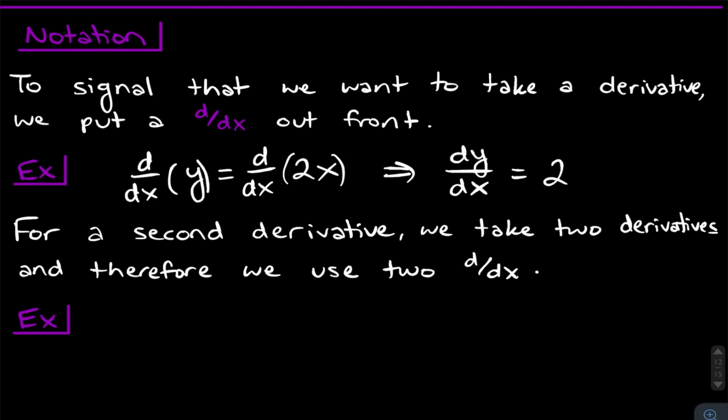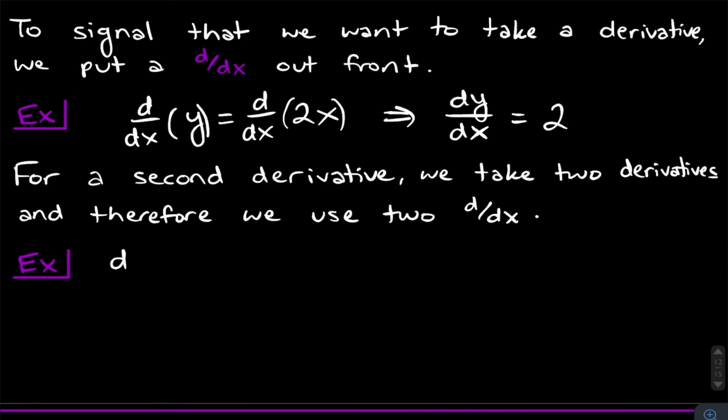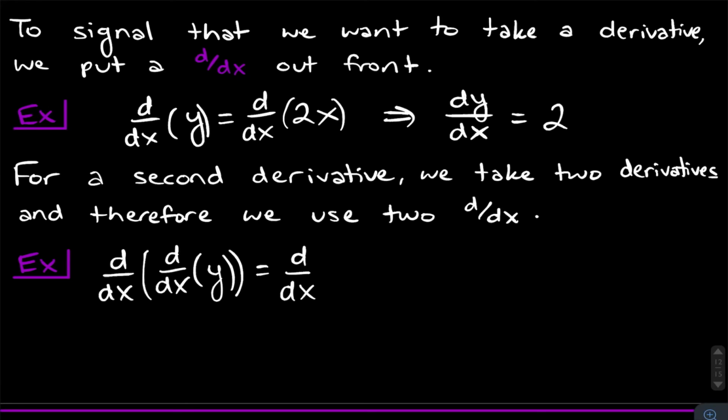Okay? But, well, now we want to take a second derivative. And so what we do is we don't just have one d over dx out front, we actually have two. So it's going to be d over dx of d over dx of y. Right? And then a d over dx of d over dx of 2x. Right? So there's two d over dx's here.